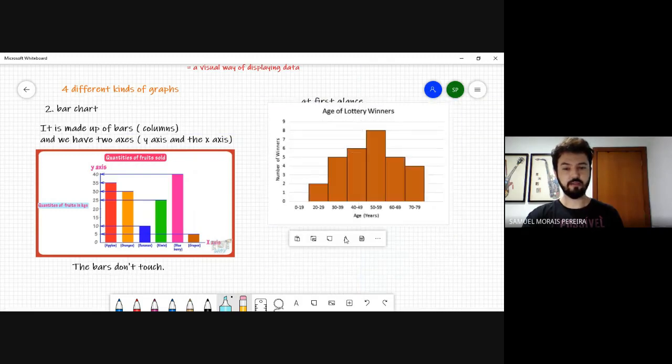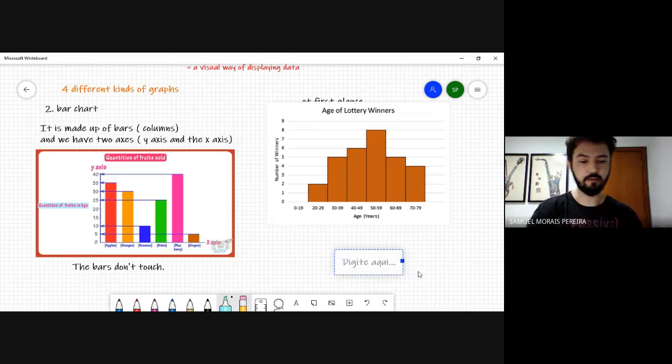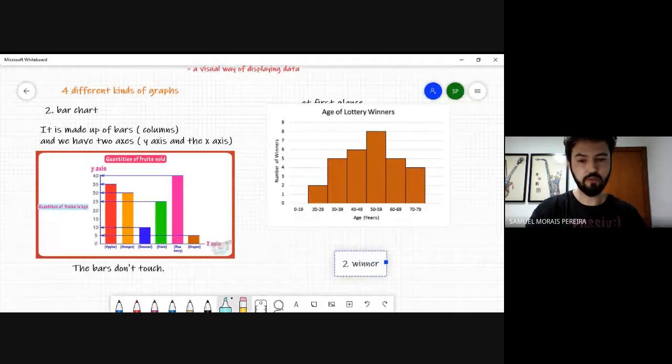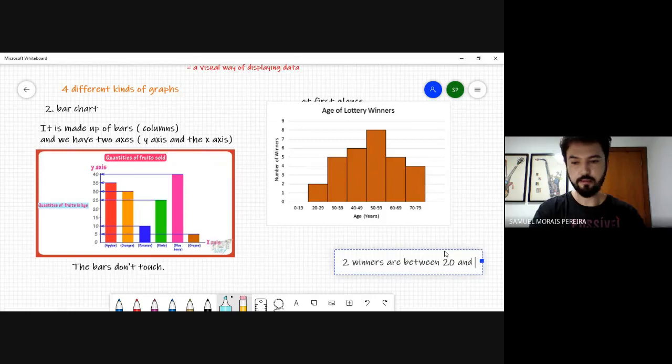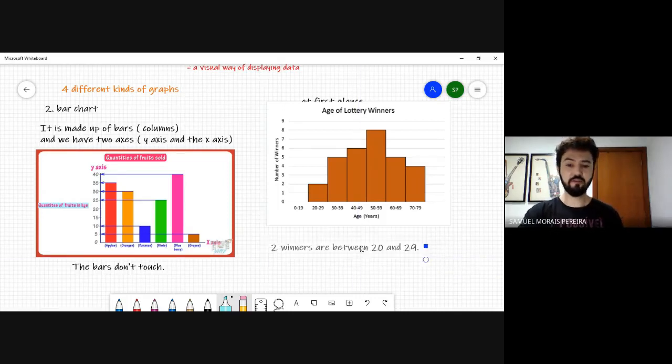Eu não sei a idade desses vencedores, but I can see that two winners, dois dos ganhadores, are between 20 and 29 years old. Can you see? Eu posso extrair essa informação do meu gráfico. Eu não sei a idade deles, but I know the number of winners. Eu sei quantos estão nesse intervalo aqui. Two winners are between 20 and 29.